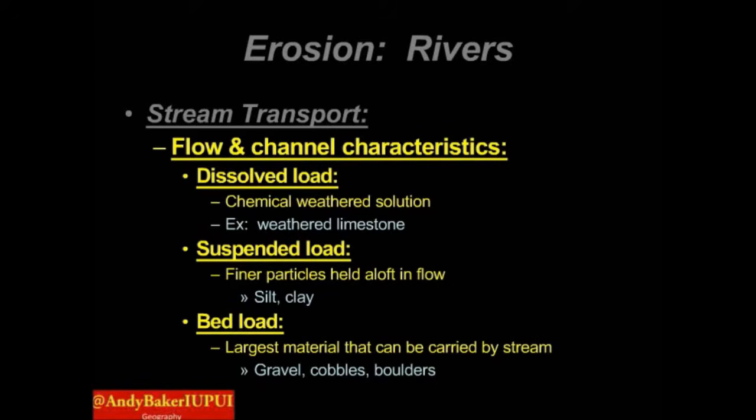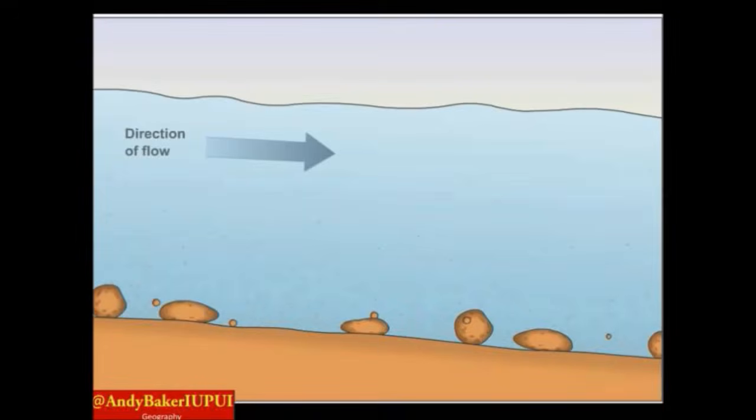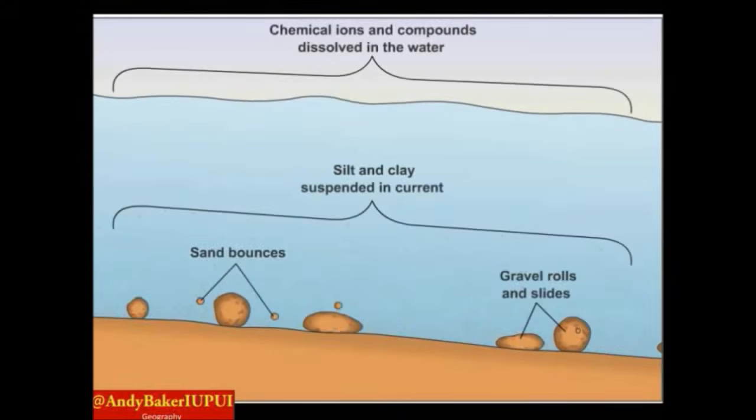So all of these, dissolved, suspended, bed load, here are the terms. I guarantee the following slides give you a much cleaner picture of these different loads. This image we'll be working with is referred to as a profile of a stream. We're viewing from the cross section, from the top, which would be the surface, down to the bottom, which would be the bed of this river.